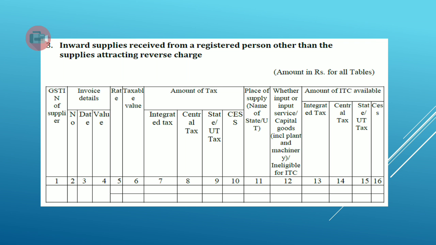Now the next column is the place of supply, then whether input, input service or capital goods, then amount of ITC available: integrated tax, central tax and so on. This is the format of inward supplies received from a registered person other than supplies attracting a reverse charge.